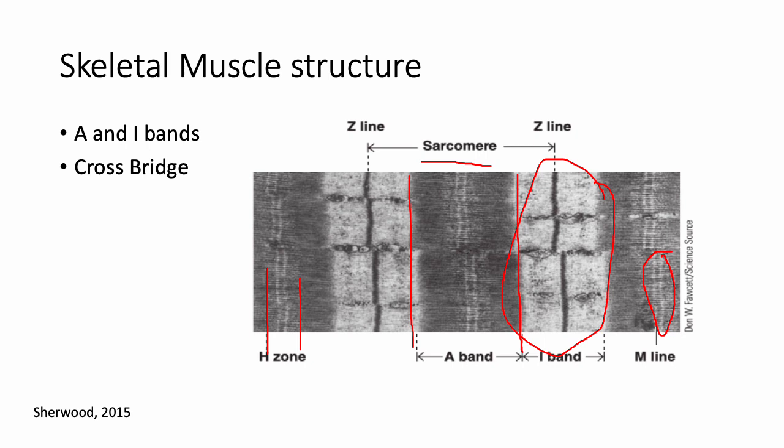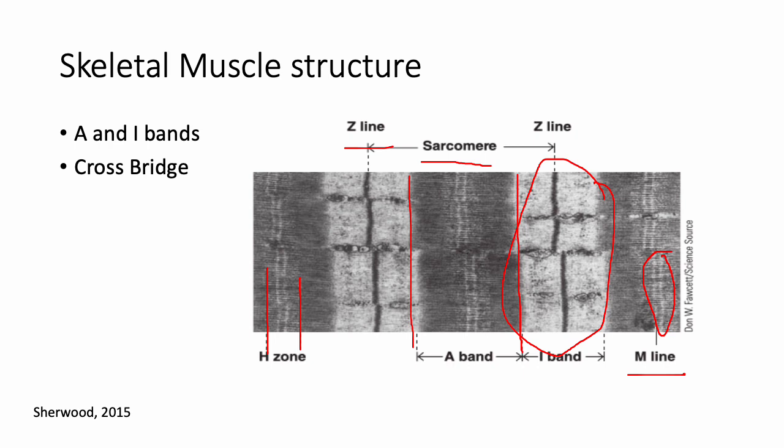This protein extends both directions from the M line along the length of the thick filament all the way to Z lines at the opposite end of the sarcomere. It serves three important roles: as a scaffolding, as an elastic spring, and lastly, it participates in signal transduction.